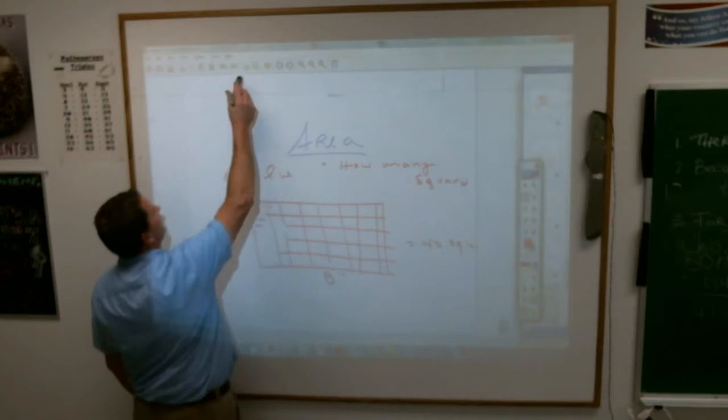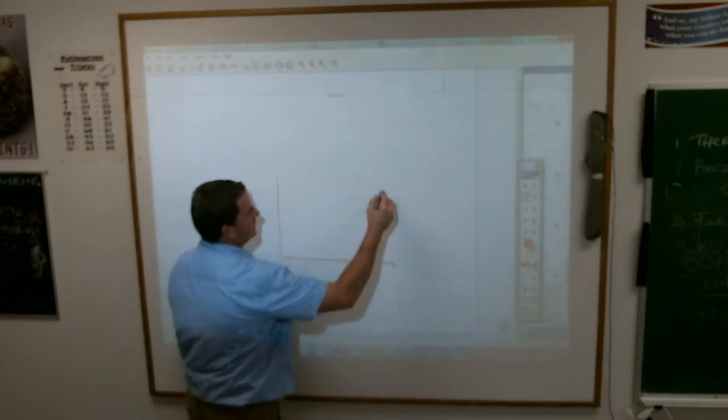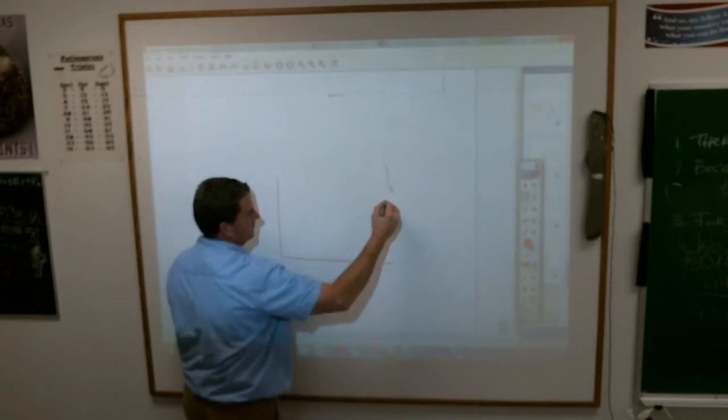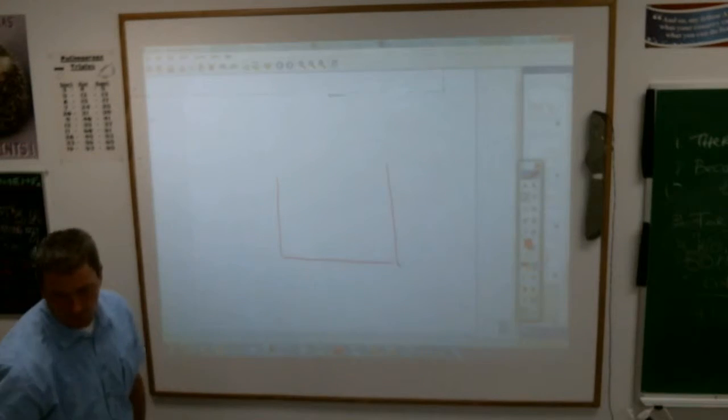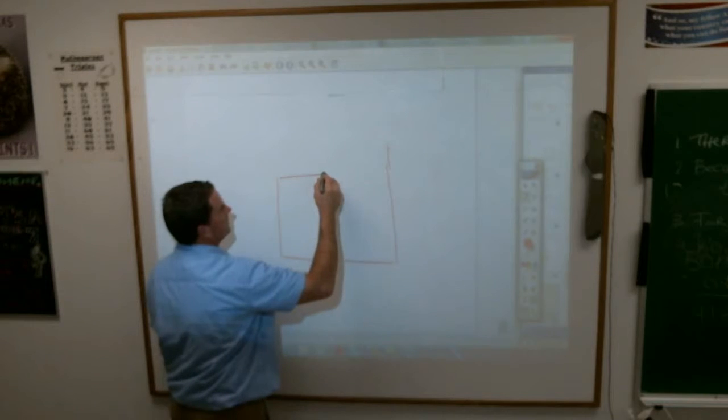Now, that is all well and good, except for when you come across a problem that looks like this. Here's my problem. It's not going to be exactly a rectangle. It's going to look like this.